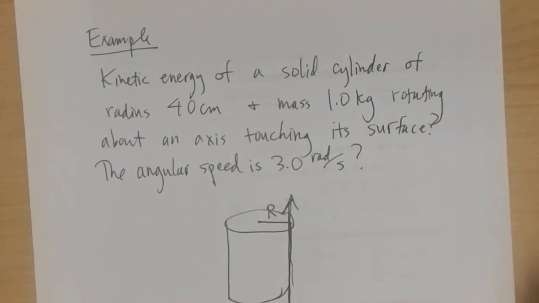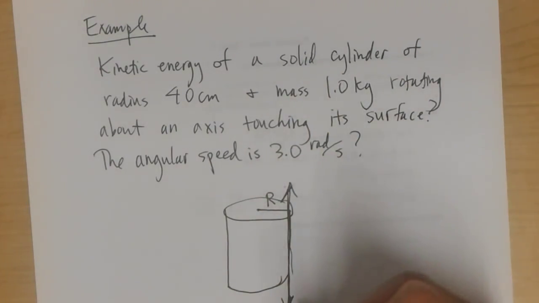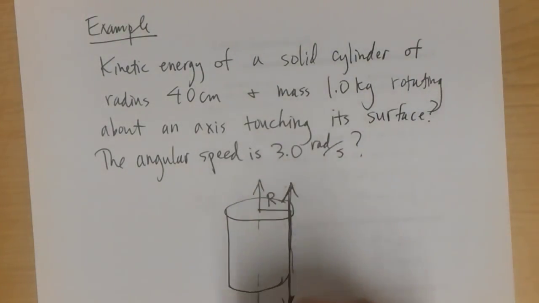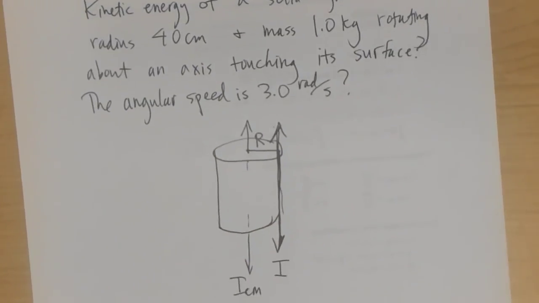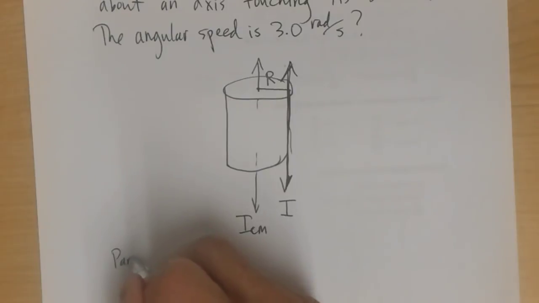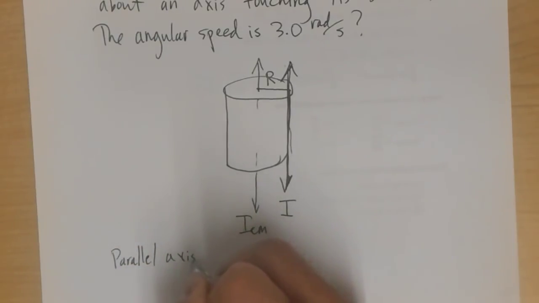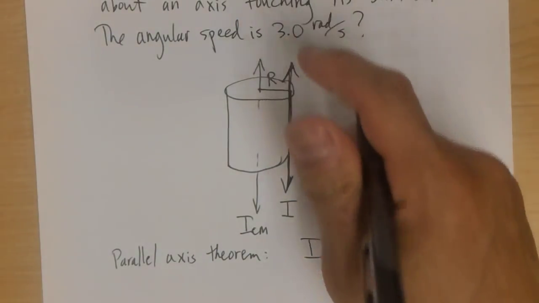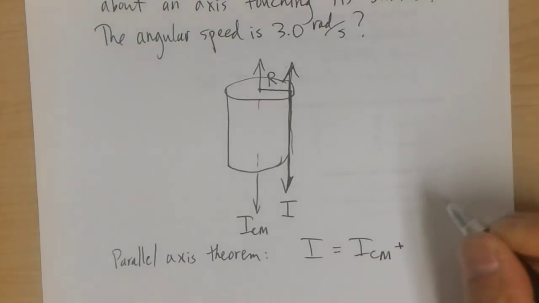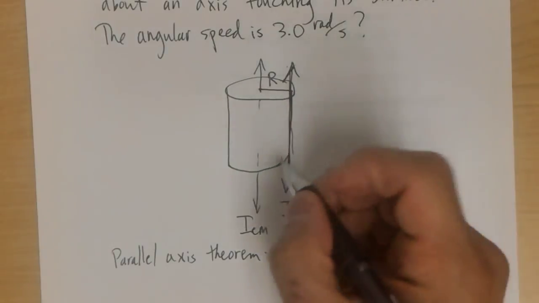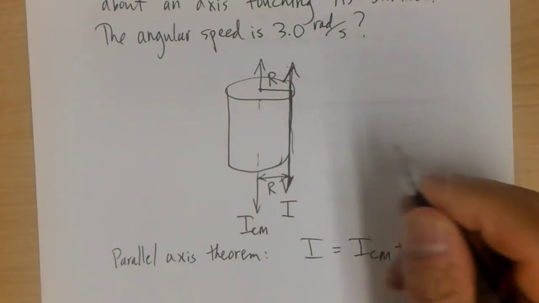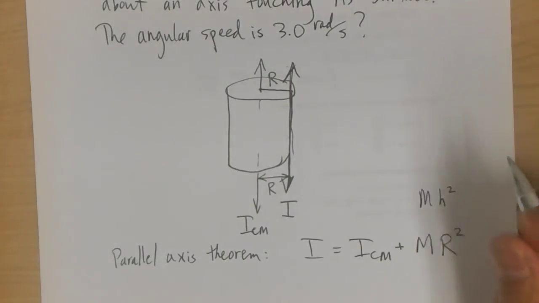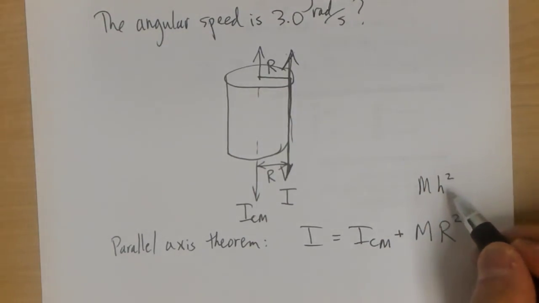It's a solid cylinder. So in order to get the moment of inertia about this funny axis, we first need to know the moment of inertia about the center of mass axis here, and use the parallel axis theorem. So I about this funny axis will be I center of mass plus the mass of this object times this distance separation, which is r squared. So remember the formula, there's this extra mh squared, where h was the separation between the two parallel axes.